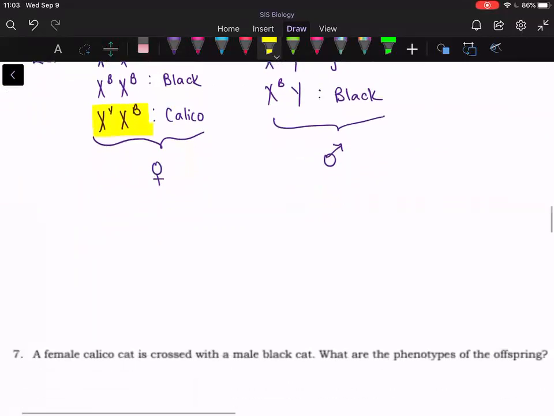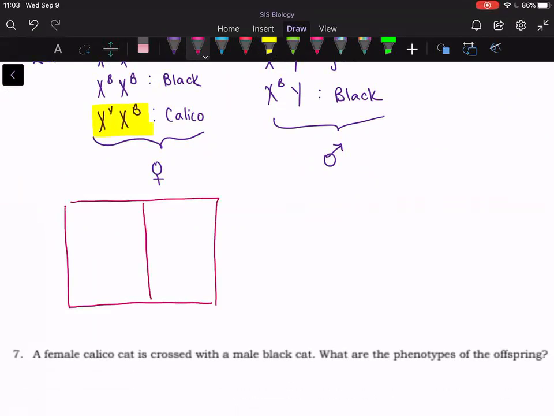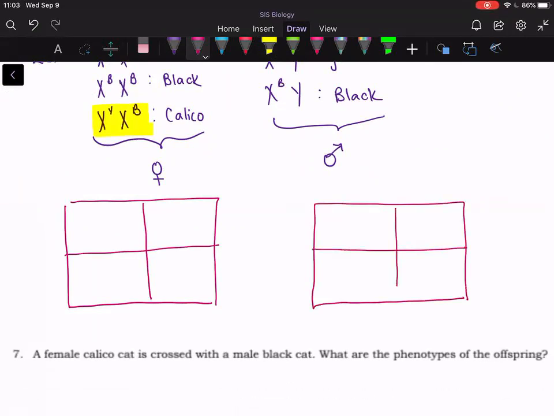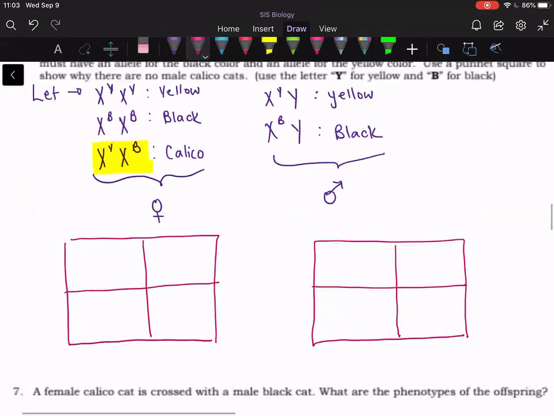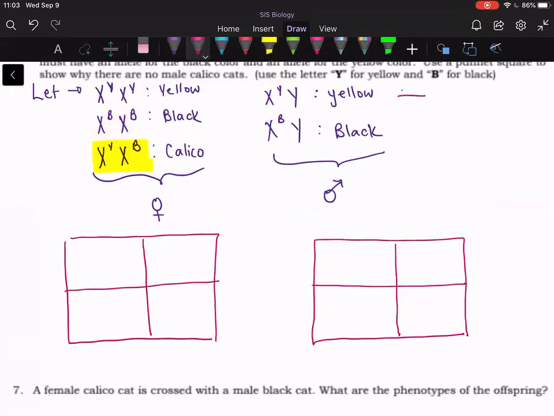So it's asking for a Punnett square. So let's take this male, a yellow male, and let's cross it with, what's the chance that we can have a calico?